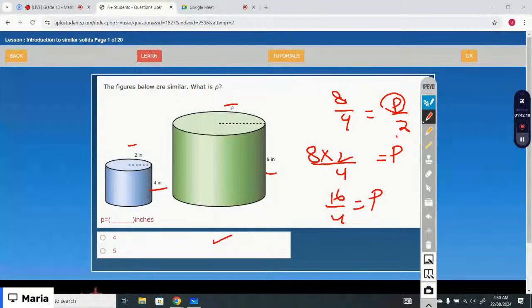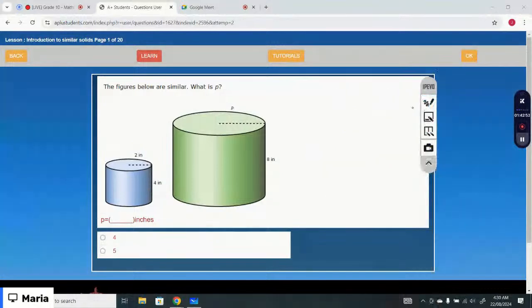So the correct option is option number 1, that is 4. Option number 1 is the correct option.